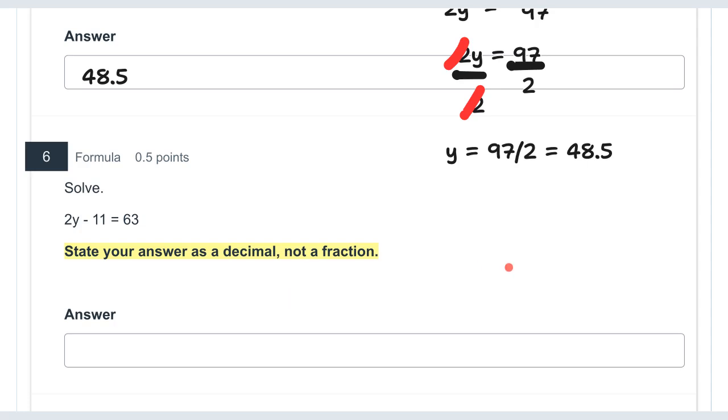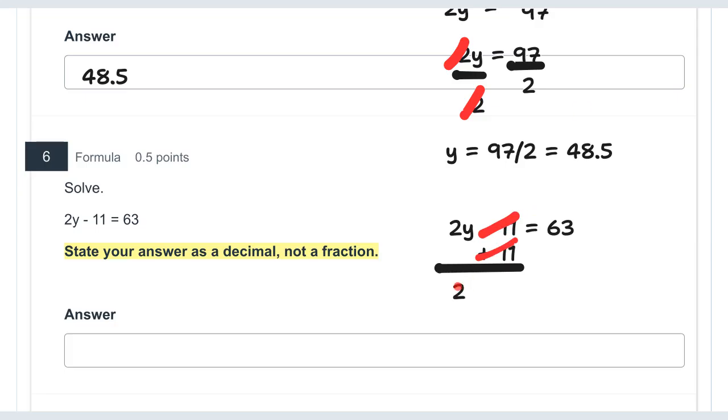2y minus 11 equals 63. I begin by adding 11 to the left-hand side. I specifically choose 11 because when I do that, then I can get rid of the minus 11 and the plus 11.